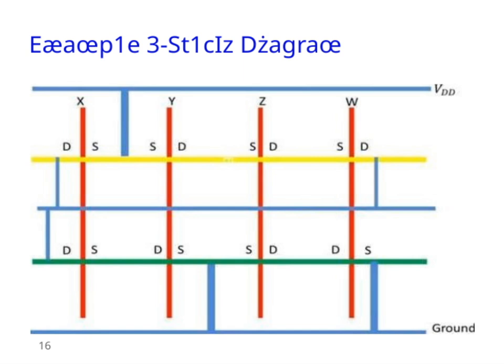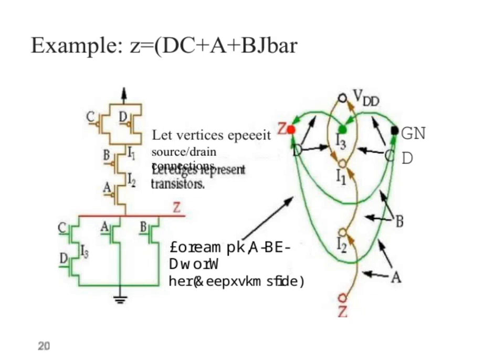Here, we're looking at an example expression where Z equals a combination of elements, DC plus A plus BJ bar. This indicates a certain logic function or signal relationship. The next point mentions vertices, specifically source and drain connections, which likely relate to transistor terminals in a circuit. The text suggests considering how these vertices interact or connect within the design.